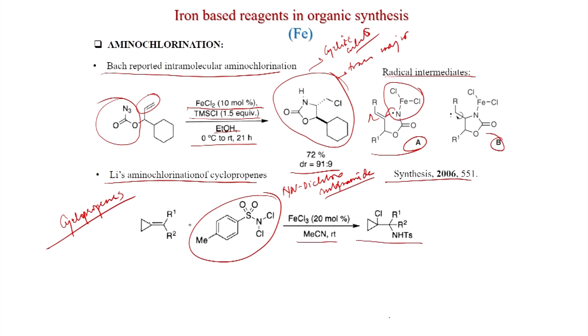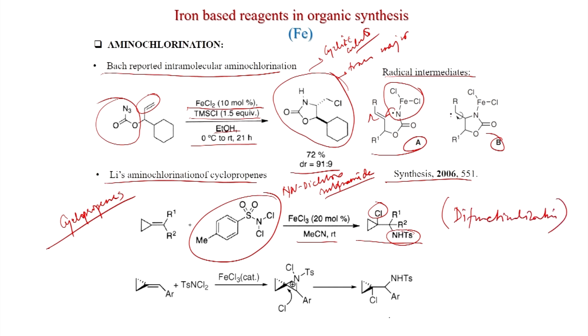So, what happens, the chlorine adds here, of course chlorine is the nucleophile, and NH tosyl is at the most substituted carbon atom. So, this is the difunctionalization of the olefin. So, what could be the mechanism? With ferric chloride in catalytic amount, because 20 mole percent is added, and with this reagent you get this aziridinium cation forming.